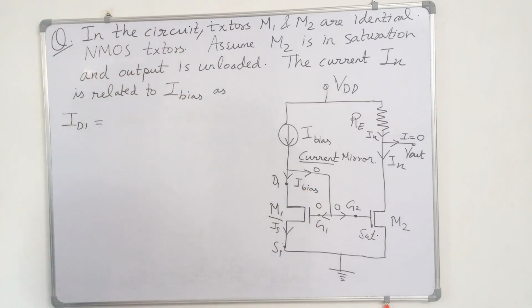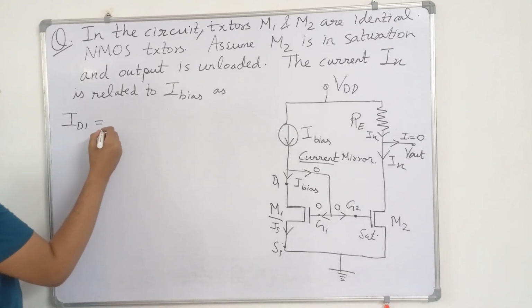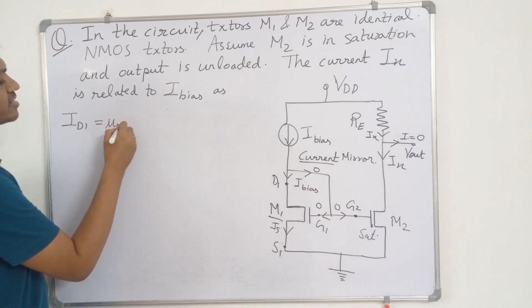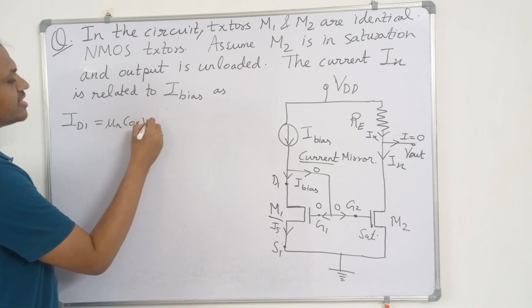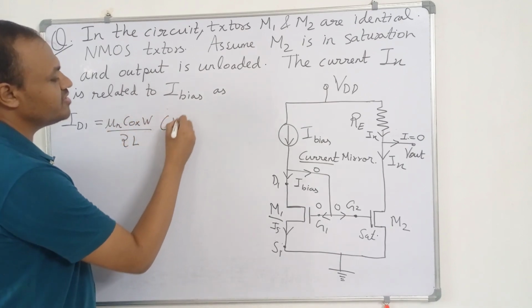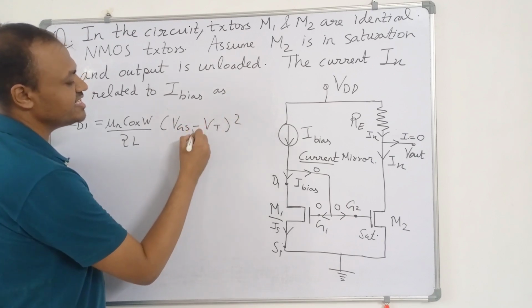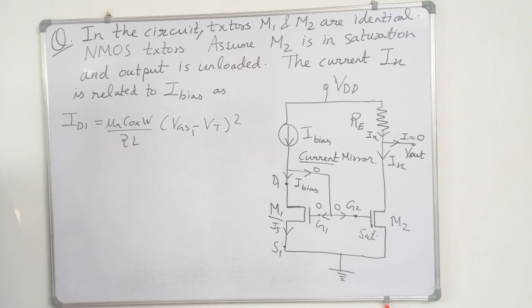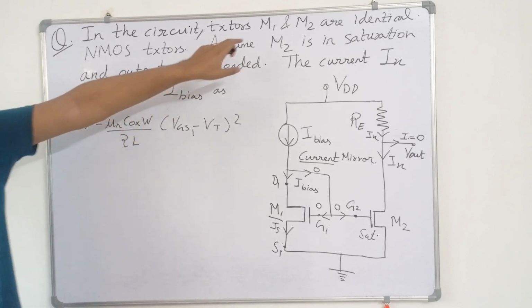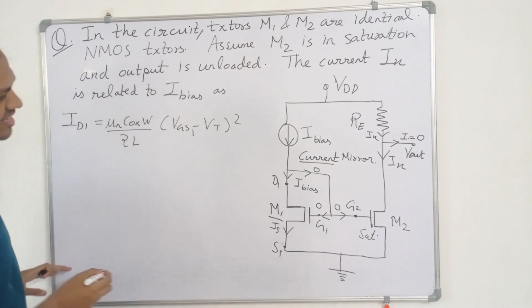So the drain current of first MOSFET is equal to I bias. So we can write ID1 equal to mu n COX W by 2L, VGS1 minus Vt square. Also both the MOSFETs are identical, so W by L ratios will also be identical.